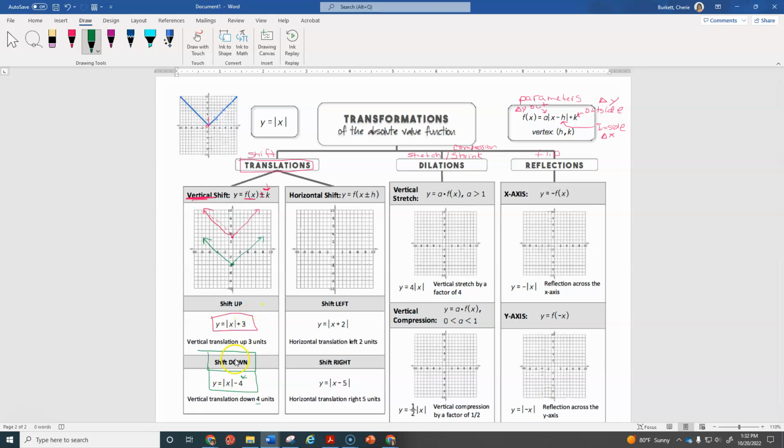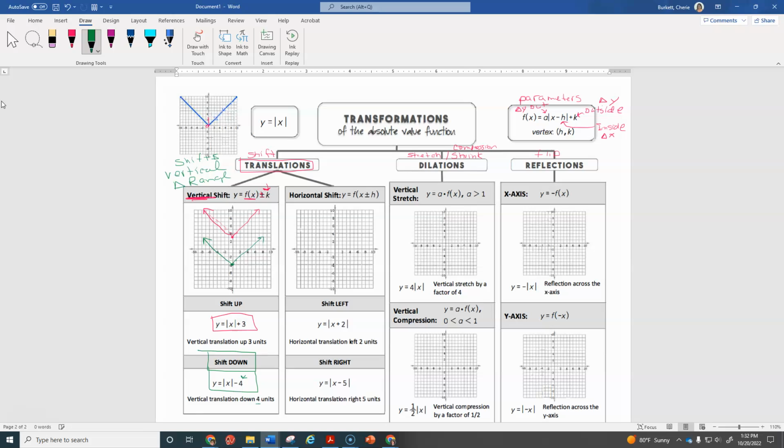Shifting it up and down, it doesn't say this right here, but we should add it. Shifting it up and down, vertical shifts change the range.